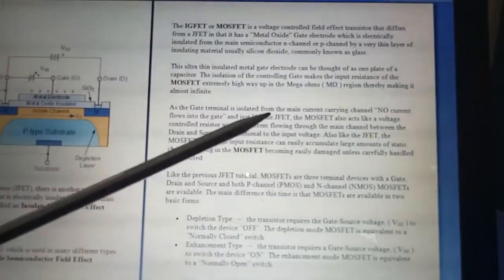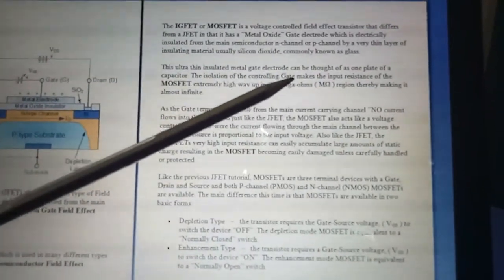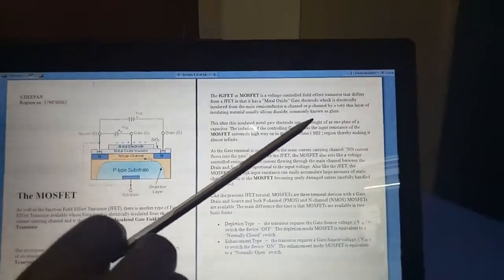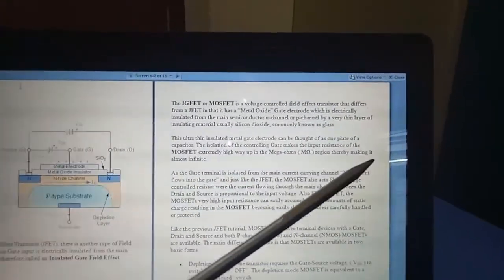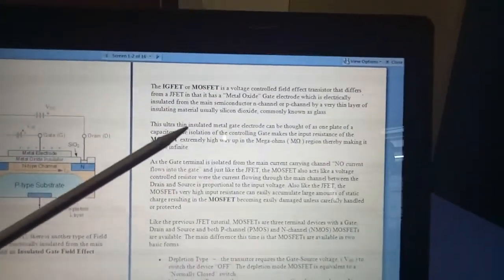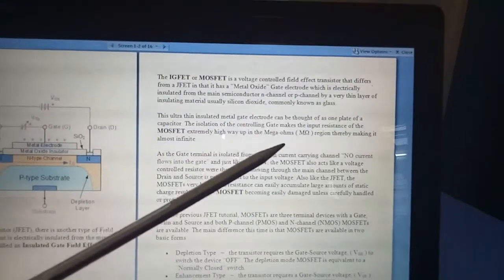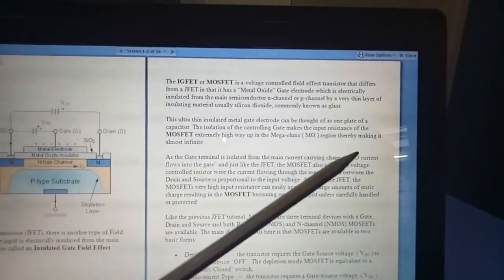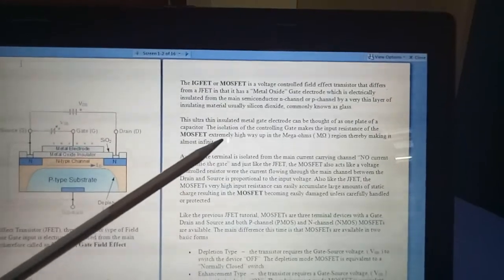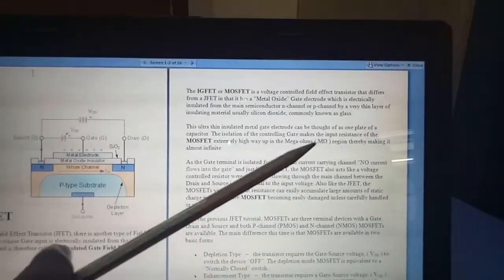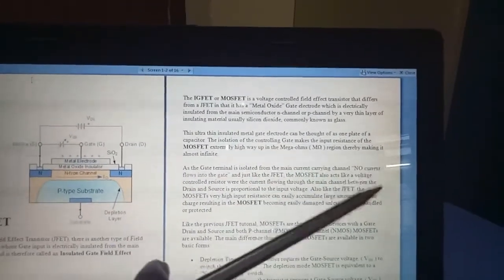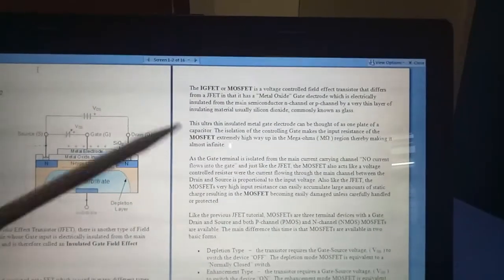This ultra thin insulated metal gate electrode can be thought of as one plate of a capacitor. The isolation of the controlling gate makes the input resistance of the MOSFET extremely high, way up in the megaohms region, thereby making it almost infinity.